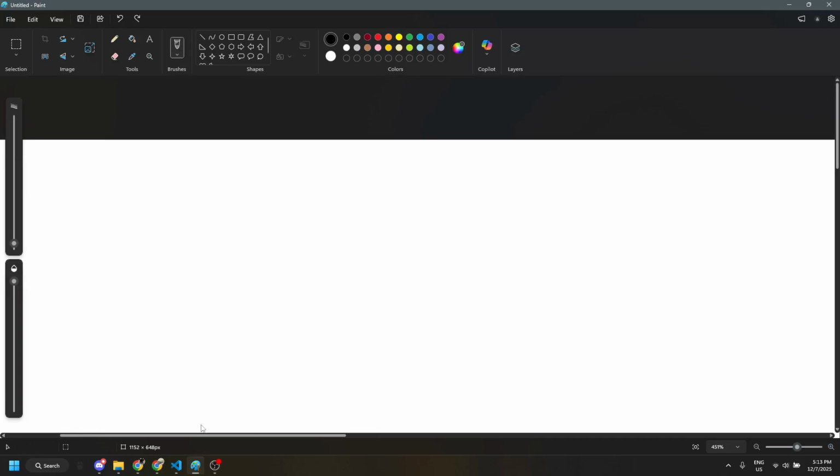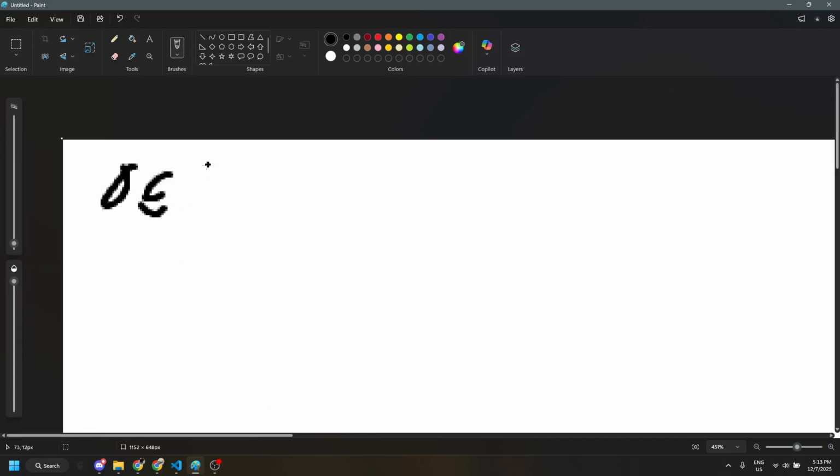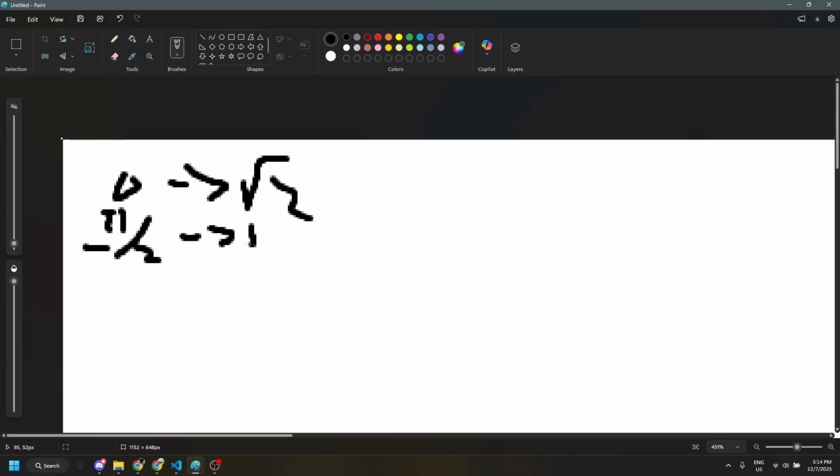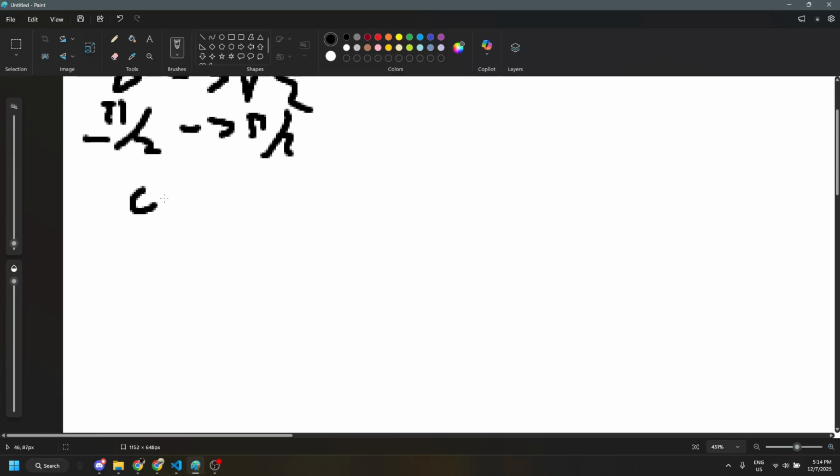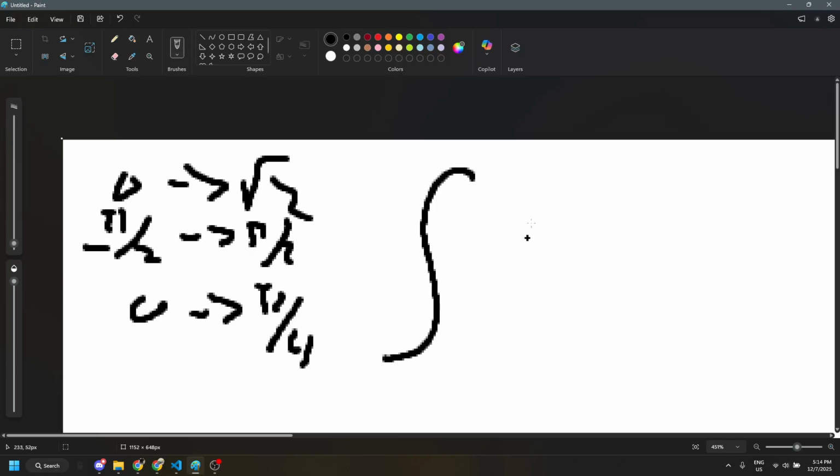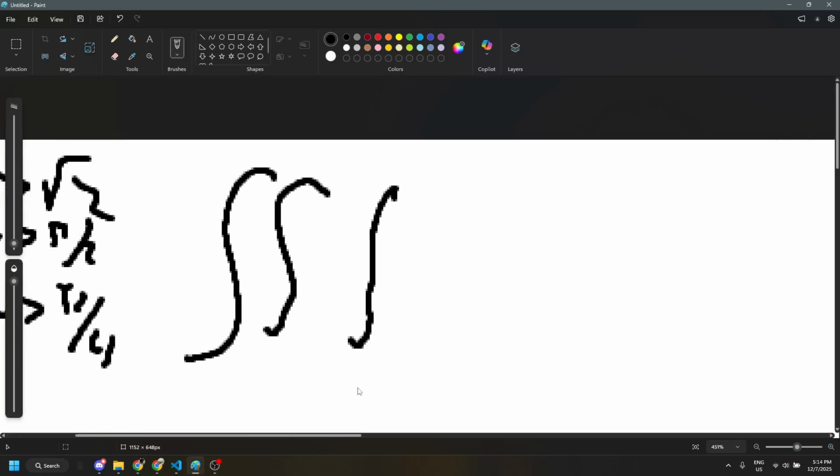Before fully writing the integral, let me just write the bounds. 0 to root 2, and then negative pi over 2 to pi over 2, and 0 to pi over 4. And then our integral, before putting the bounds in, because I don't know what the best order would be.